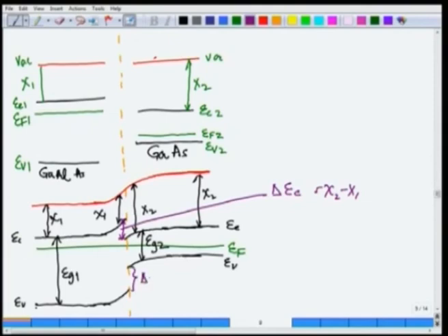This is clearly delta Ev. Now, if you look at it, then if I draw only the black lines, this band diagram looks something like this. I am just copying this for your convenience, with a little bit of clarity. It looks something like this.